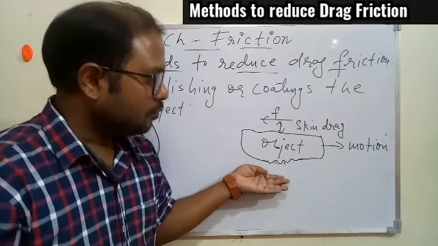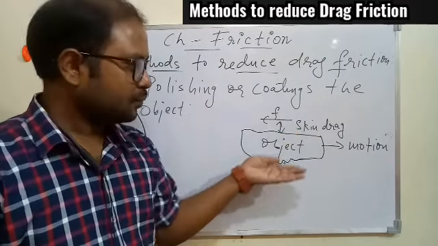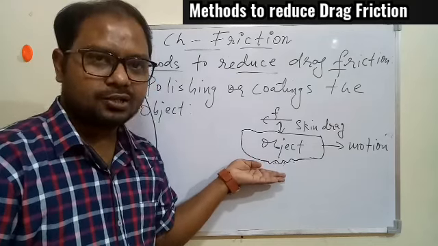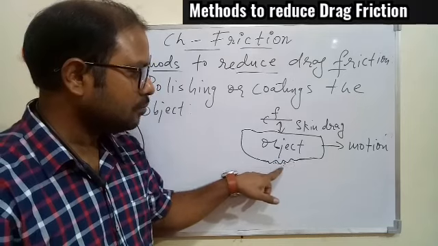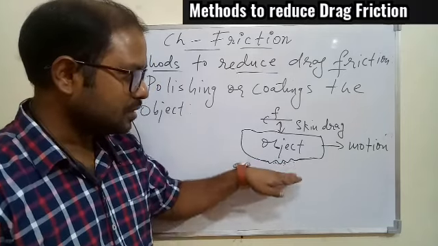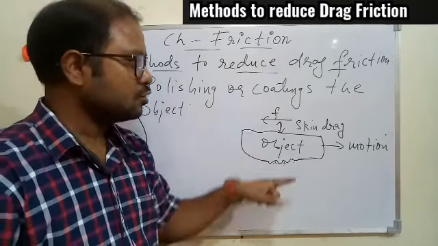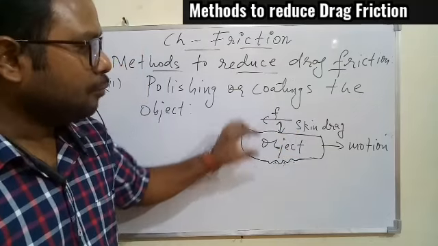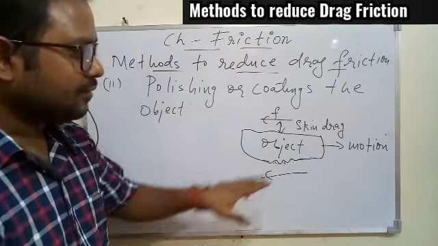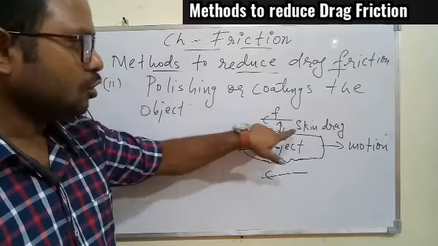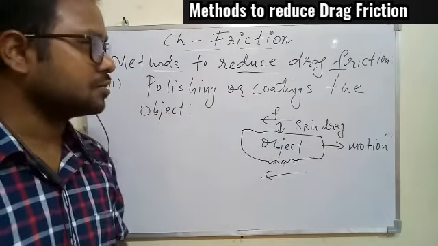So we can reduce the skin drag by reducing the irregularities of the object. The fewer the irregularities, the fewer molecules of the fluid will come to rest within them, and finally the bonding between the molecules in motion and the molecules at rest will be less, so automatically the skin drag will reduce.